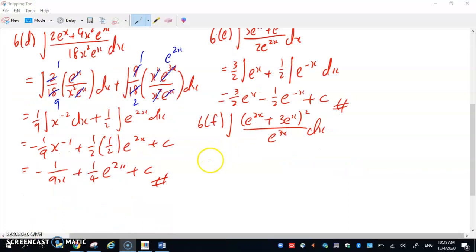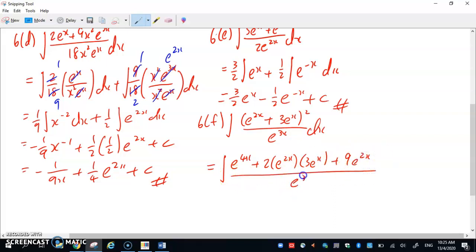Okay, so finally for 6f, we have the integration, using expansion, of (e to the power of 4x plus 2 times e to the power of 2x, 3e^x plus 9e^2x) over e to the power of 3x dx.